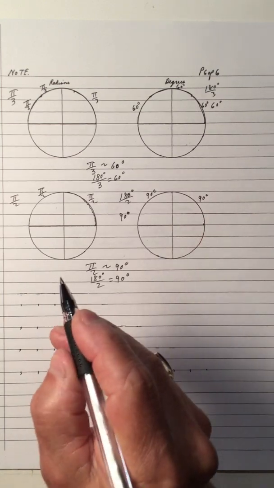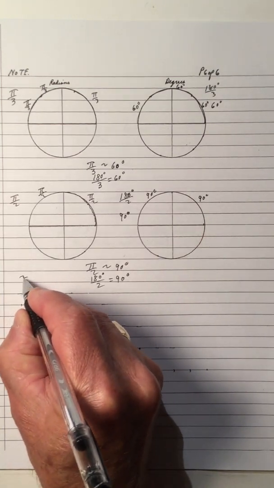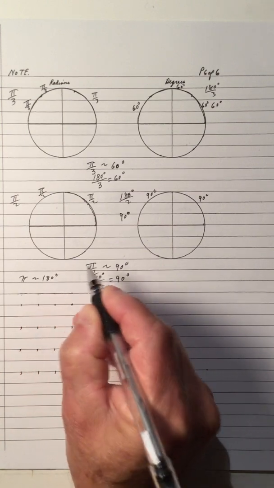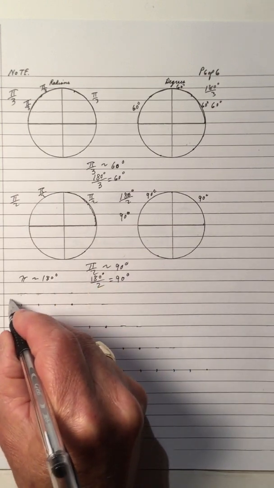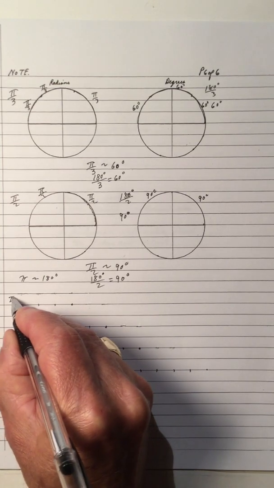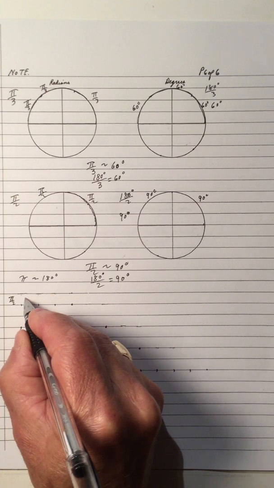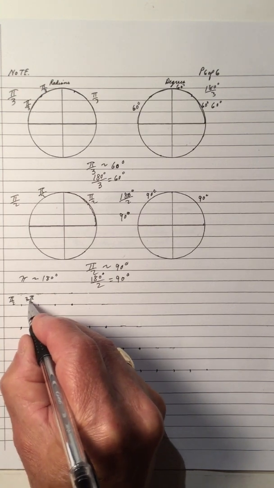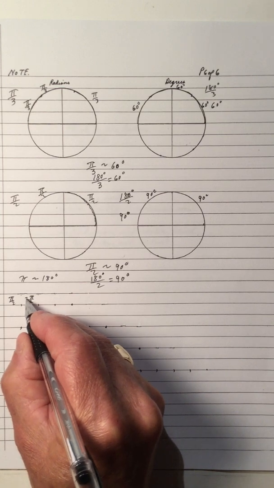Now, we know that pi is equated with 180 degrees. So therefore, pi over 2 is a 90. So 2 pi over 2 is pi over 2 times 2.